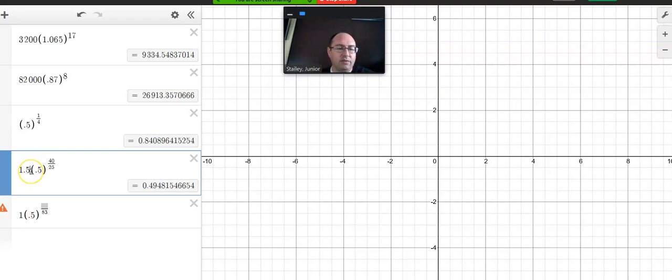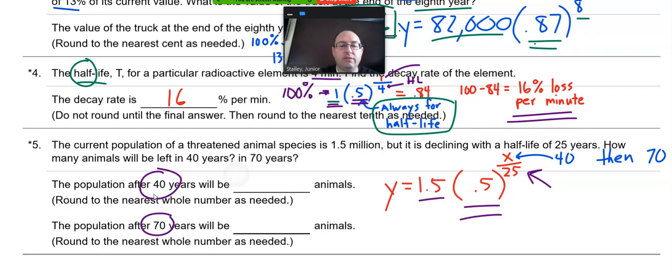Instead of using 1.5, we could use 1,500,000. So there is 1.5 million. So to the nearest whole number, we would have 494,815. So I guess we need to change this to 1.